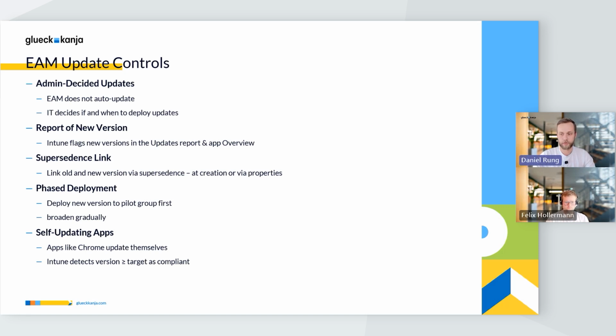Also special for the updated ones, if you want to maybe uninstall the previous version, you see the newest version is linked to the old one inside the supersedence. And you have the option to first test, pilot to some groups before rolling out the software to all devices or all users.